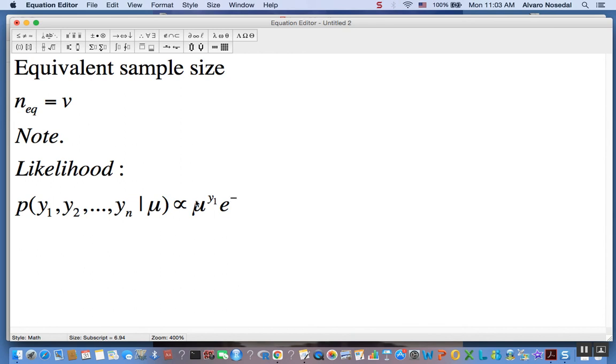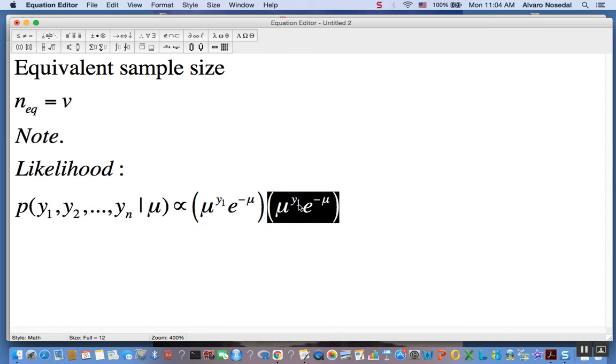Anyway, that's why I'm using the proportionality symbol here. So we have mu here, and that's just the likelihood for the first observation times the likelihood for the second one, and so on, right? We have n of these observations. So dot dot, and then we have the nth observation.